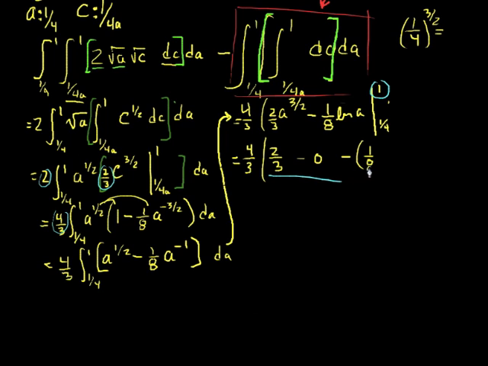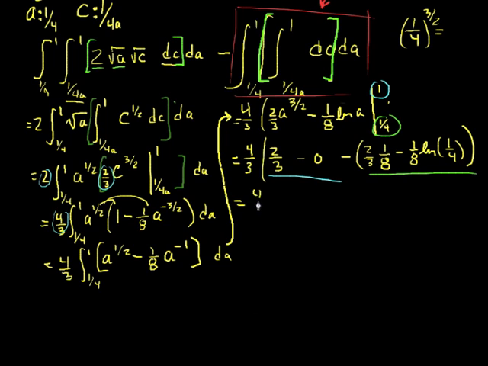Don't forget the 2/3 term, so we have 2/3 times 1/8, and minus 1/8 times the natural log of 1/4.